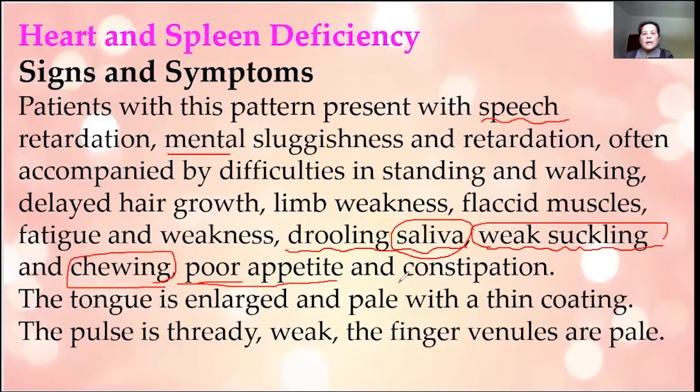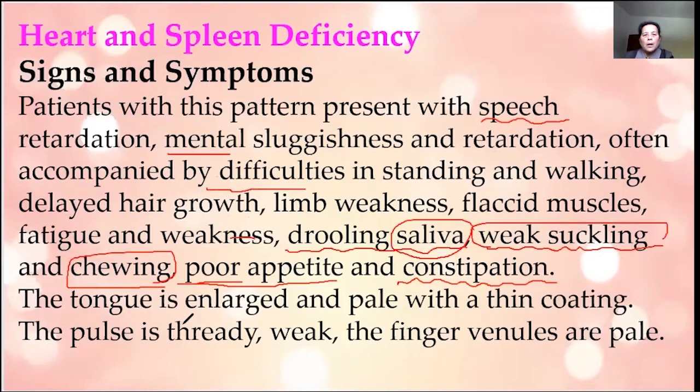And poor appetite is related to the spleen. Constipation, yes: spleen deficiency usually causes diarrhea, but we have one kind of constipation. Their stool is moist, not that dry, just difficult to come out, so it still belongs to qi deficiency. People also have some other poor development.